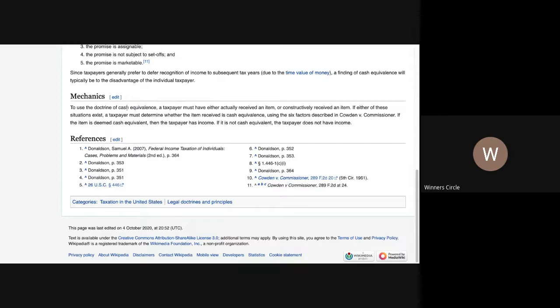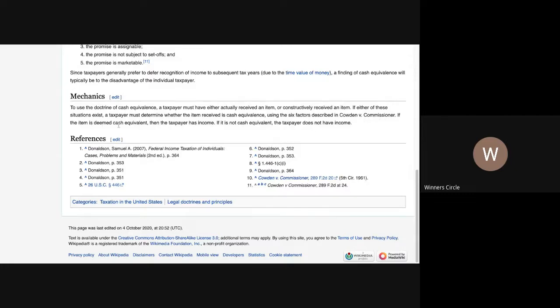Okay, to use the doctrine of cash equivalence, a taxpayer must either actually received an item or constructively received an item. If either of these situations exist, a taxpayer must determine whether the item received is a cash equivalent using 6 factors described in Cowden versus Commissioner. So look up that case.